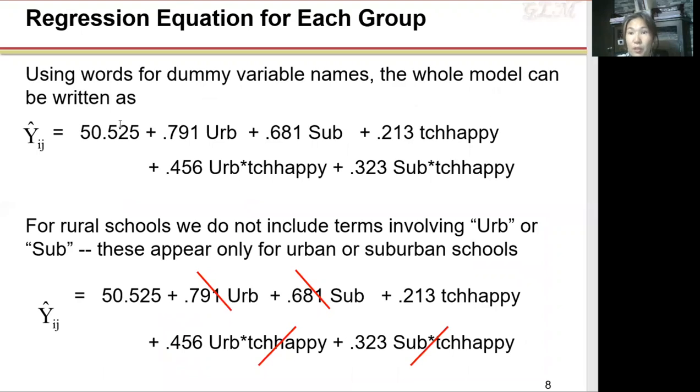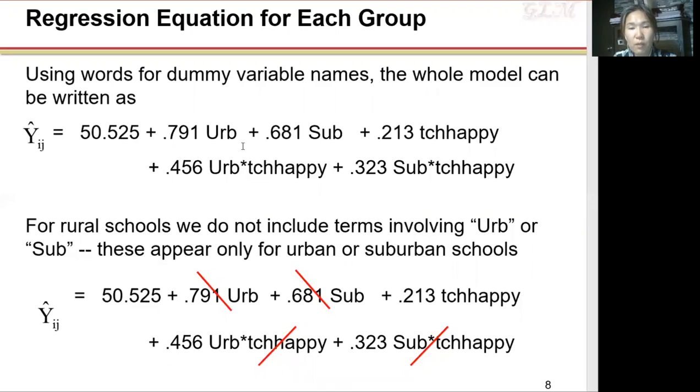So with one general form, the estimated regression line. And then for rural schools, we do not include terms involving urban or suburban. These appear only for urban or suburban schools. So once you plug the dummy variable as 0 here, then you have the rural schools regression equation.